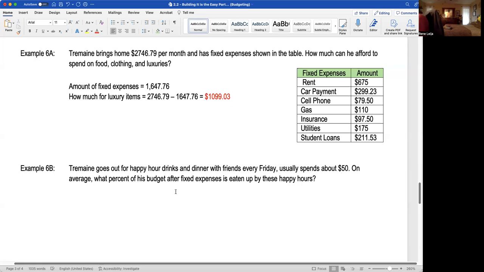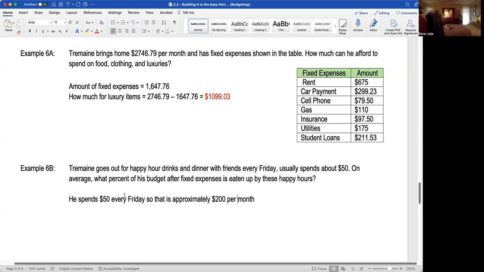So we need to make a statement here that says something like he spends $50 every Friday. So that is approximately $200 per month on happy hour drinks and dinners with friends.